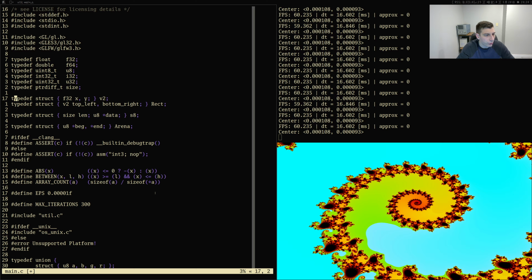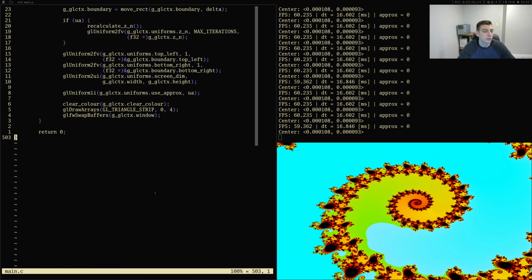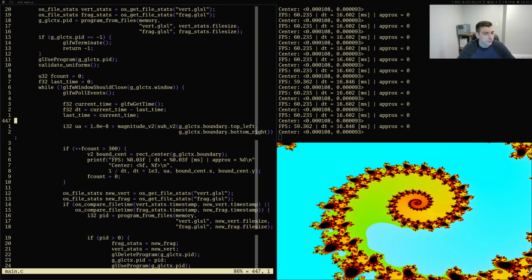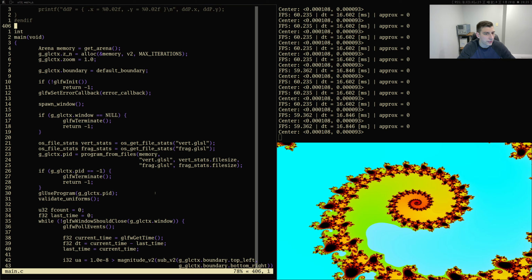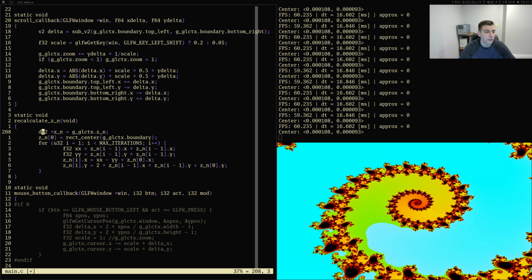A double vector 2. And then here we will set aside a double vector 2 of memory. The problem is that if I just do this, there's going to be a problem, but yeah, let's not do this yet.